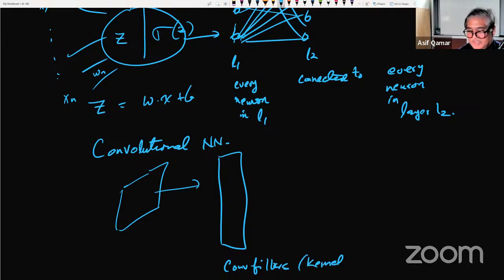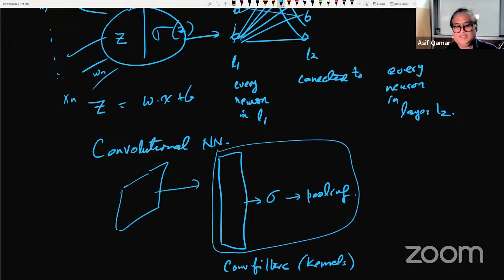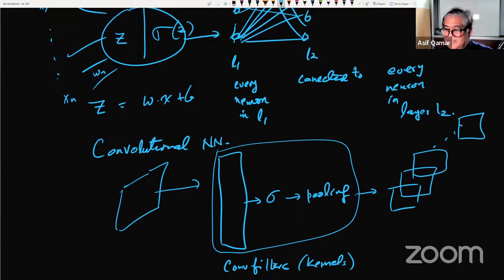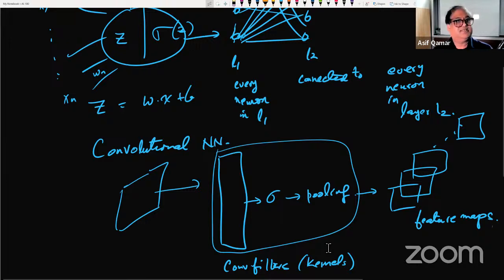The old term used to be kernels, followed by activation, followed by pooling. Together this is one convnet layer that would produce feature maps across many channels. These are the two architectures that we know so far.